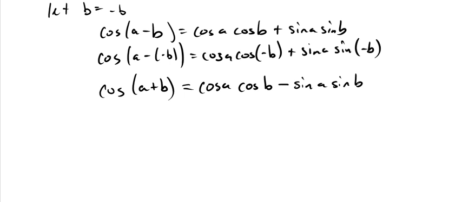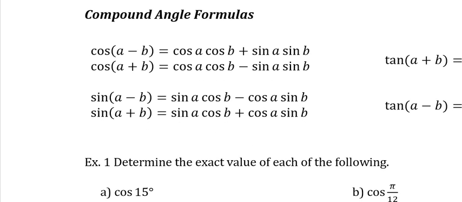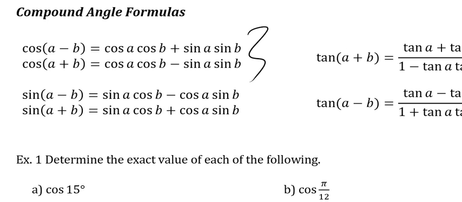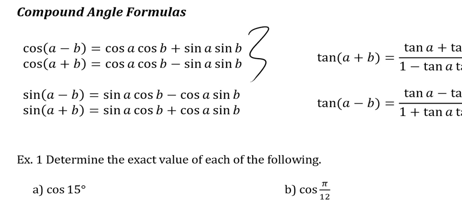So now you've got your two formulae for cosine compound angles. On the next page, you don't have to write them all down. There they are. The only reason this is here is that we're going to derive sine and tan as well over the next 2 days. If you look at how similar cosine and sine are, they're similar but not the same.